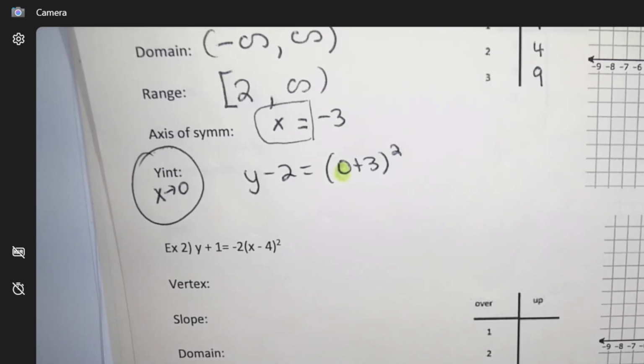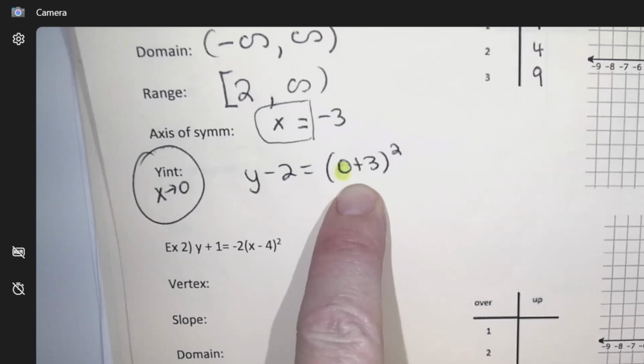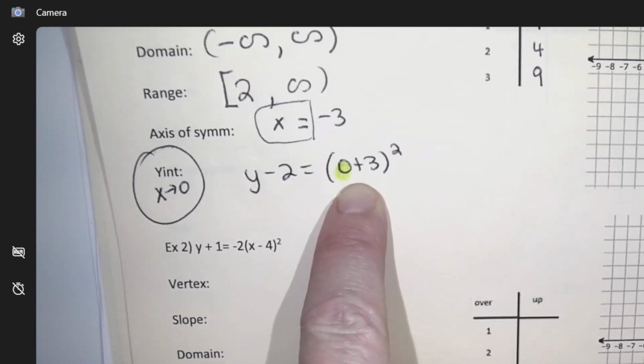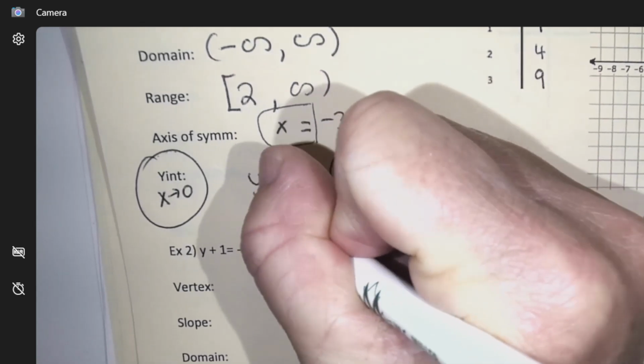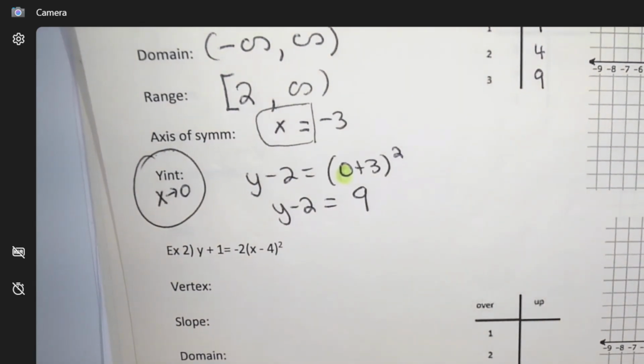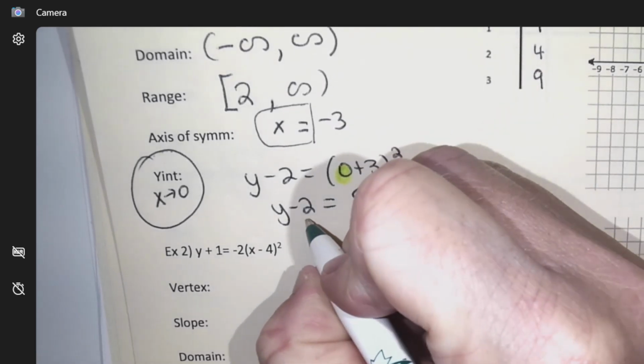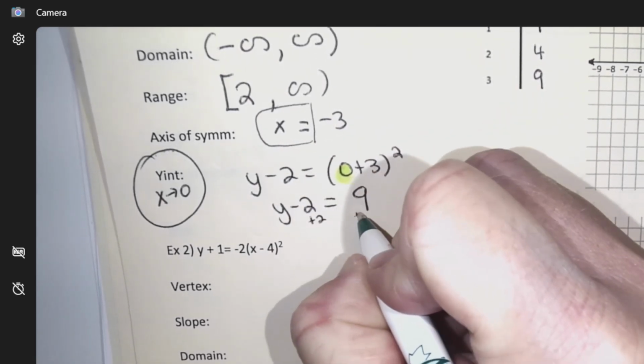Okay, so math-wise, brackets. 0 plus 3 is 3. Exponents squared is 9. And then I'm going to have to add 2.